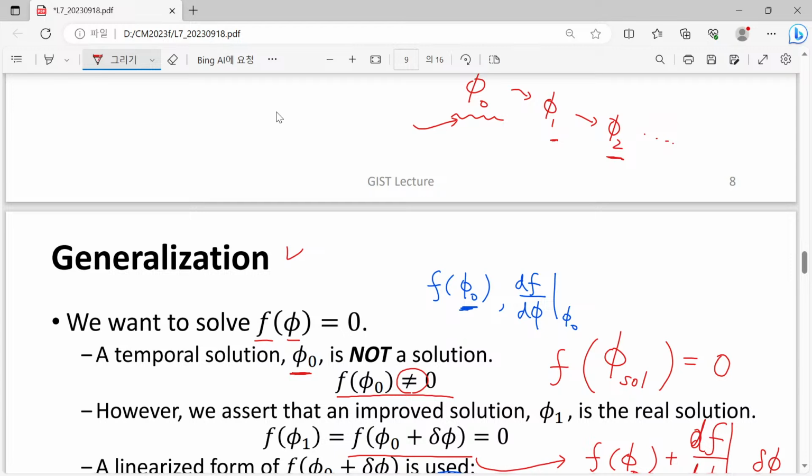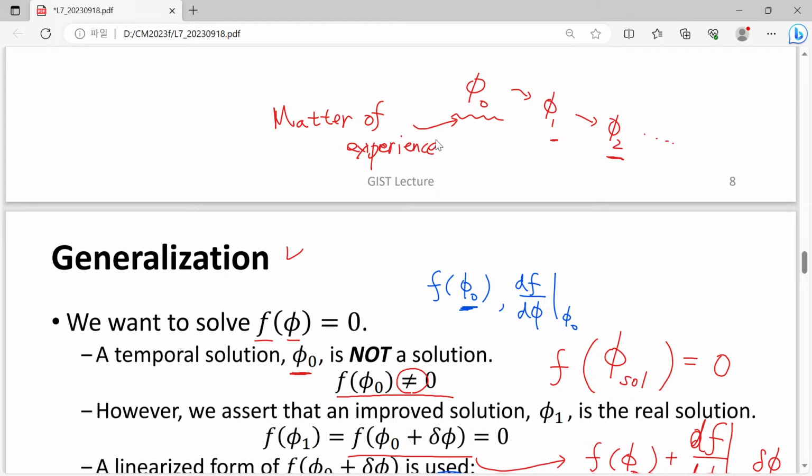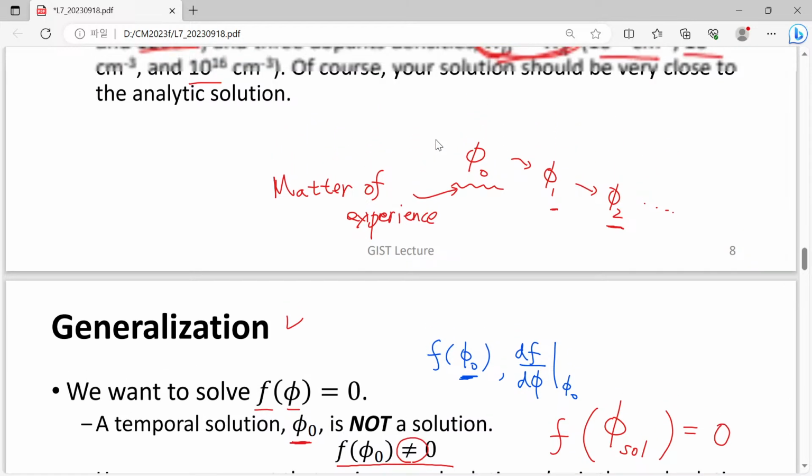It really is a matter of experience. So you need some skills or some previous knowledge of the system.